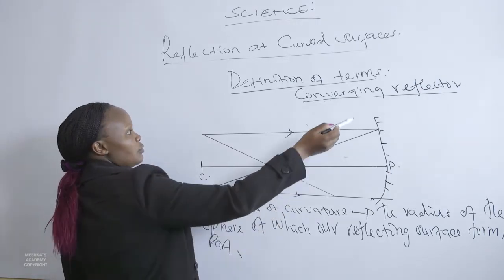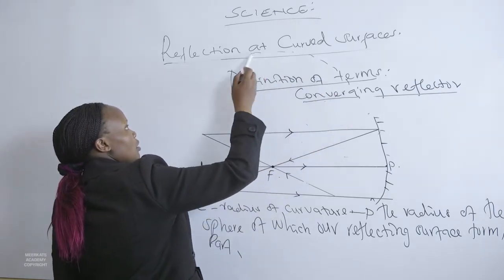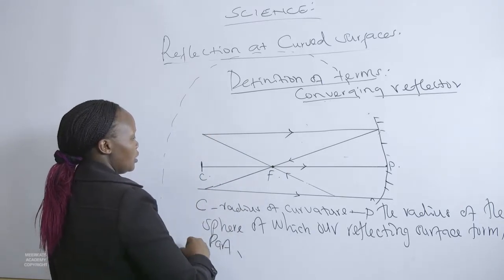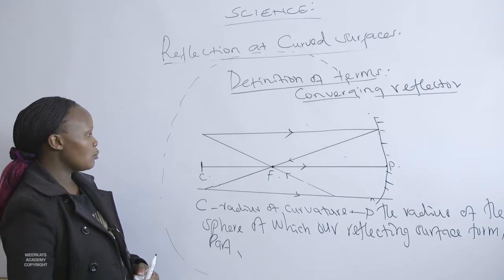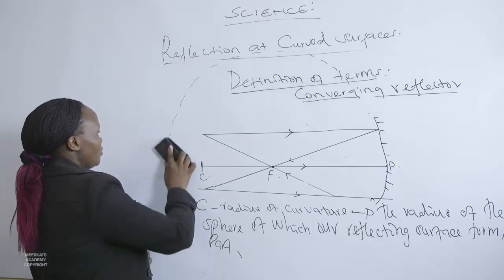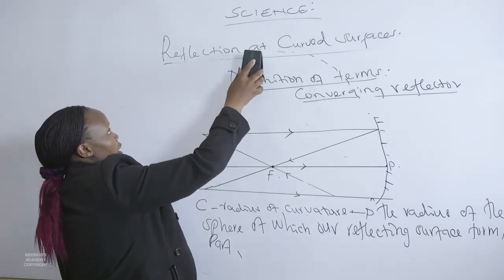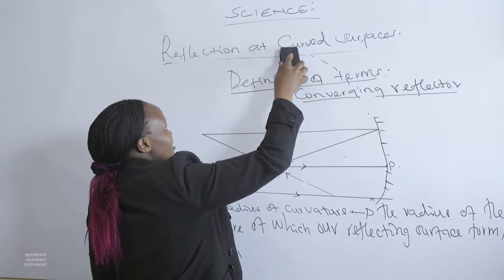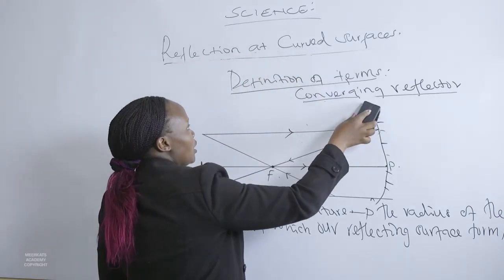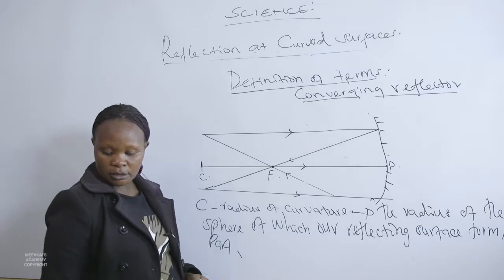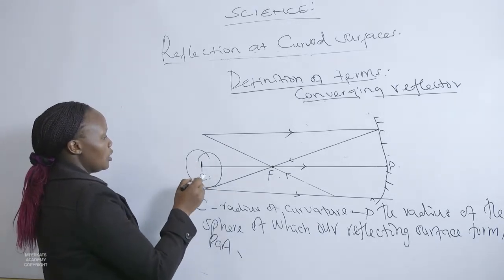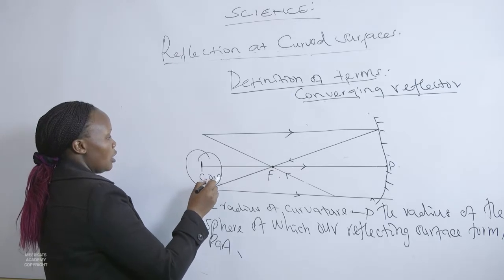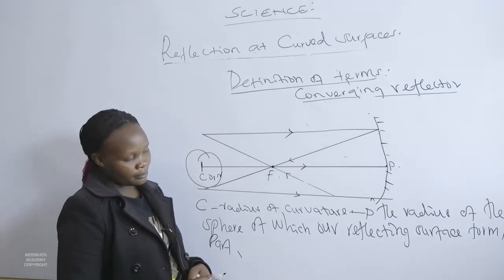If you were to finish up this drawing, you would find out that there is actually a sphere from which we have cut our reflecting surface, and it has some radius, and that is what we call the radius of curvature, which is represented by C, or a small r.